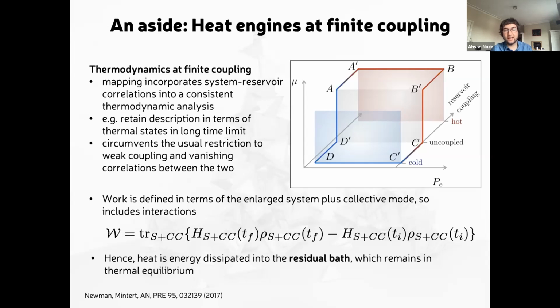This will be a finite time heat engine, actually, so we won't actually reach the long time steady state in the operation. But even in finite times, the strong coupling between the system and environment can have a profound effect on the performance of the thermodynamic cycle.